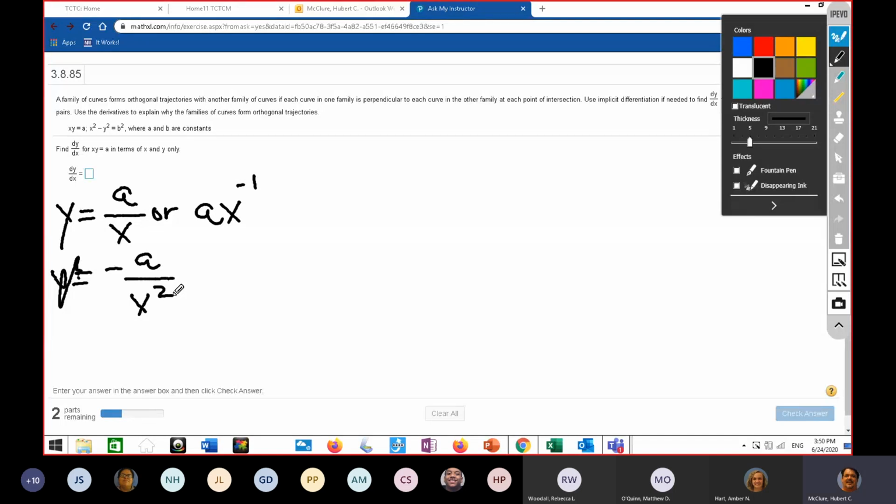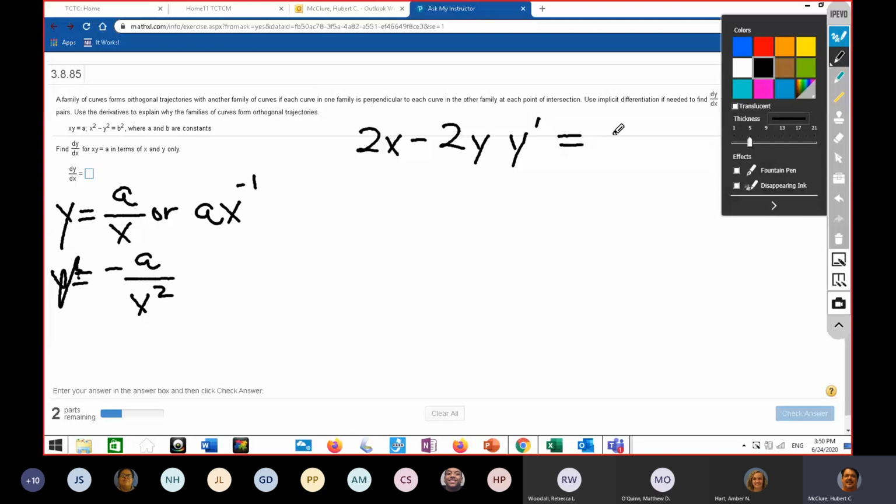Now, do the other side, and I'll do the other side, and then we'll come to the conclusion. The other side says 2x minus 2y, I'm going to go ahead and take the derivative, minus 2y y prime is equal to 0.